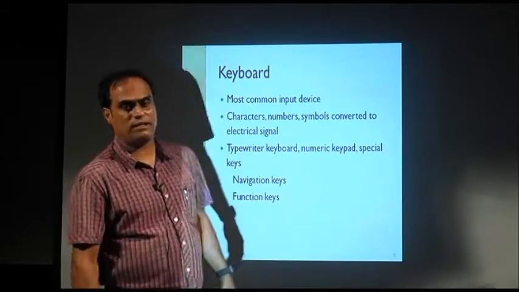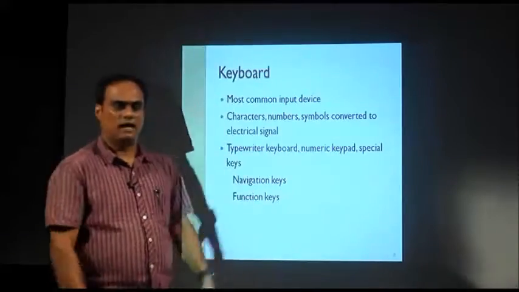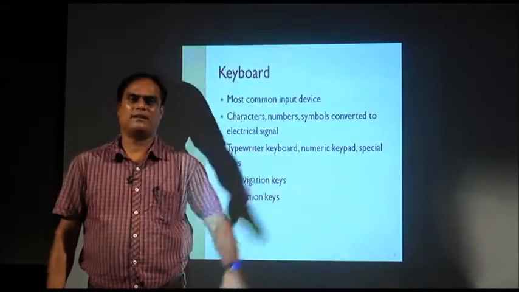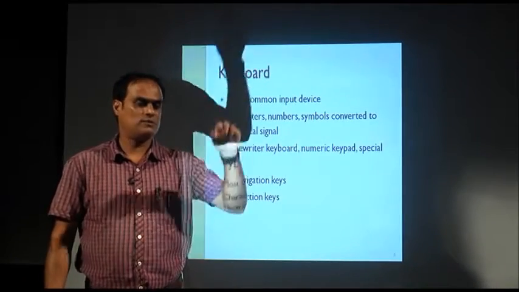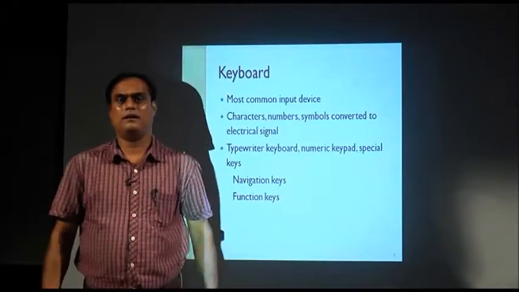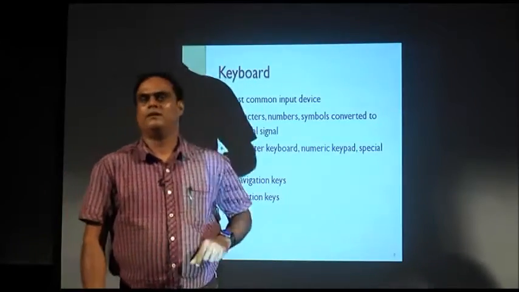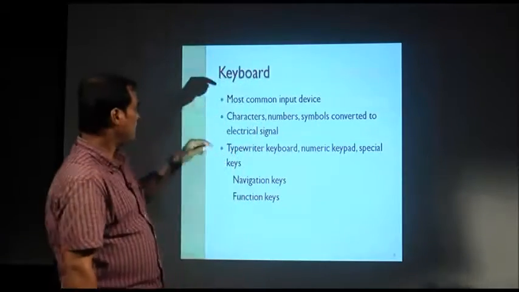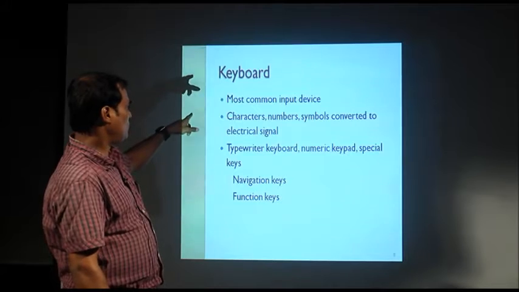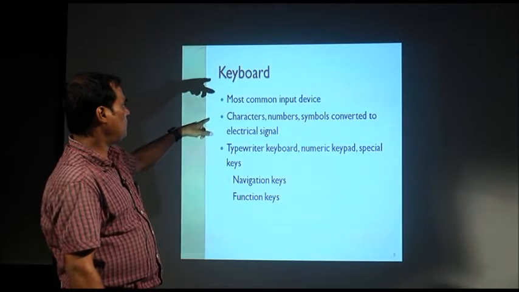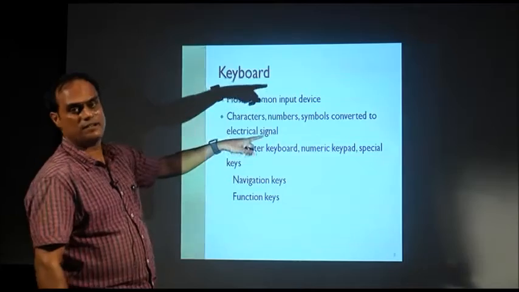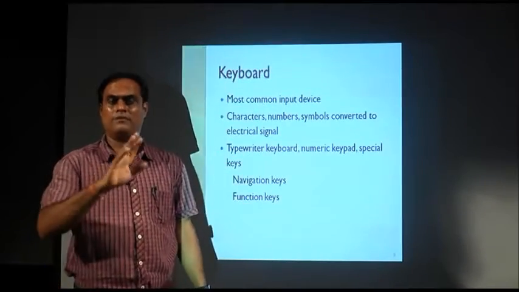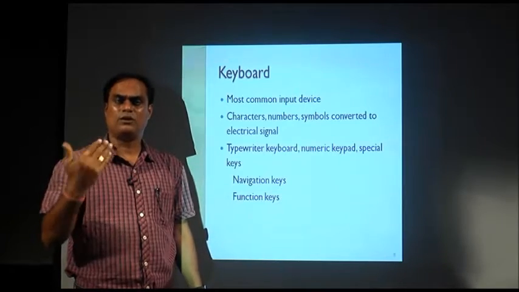If the keyboard is used as input, how are these characters handled? Suppose we press one alphabet, let it be P. When P is pressed, it is a symbol, yes or no. The character, number or symbol is converted to an electrical signal and to its corresponding binary format, in either BCD code or ASCII code.